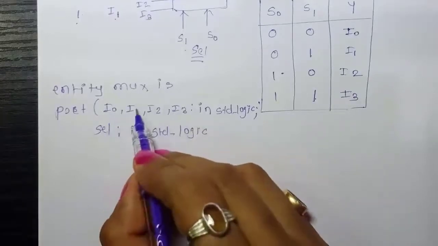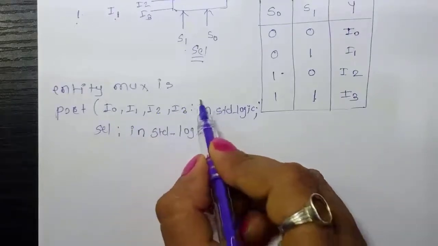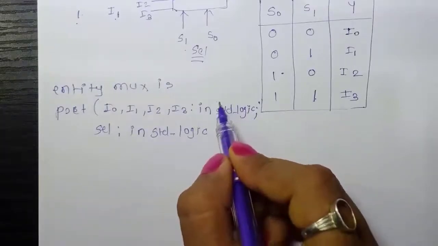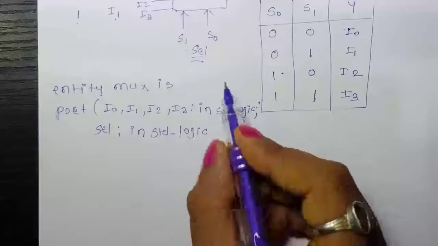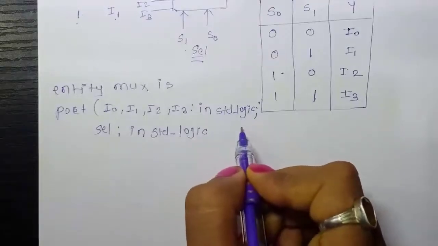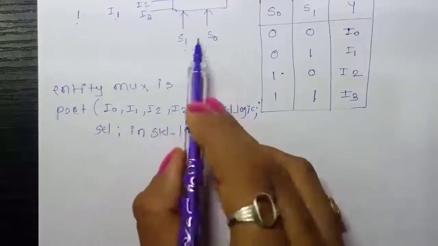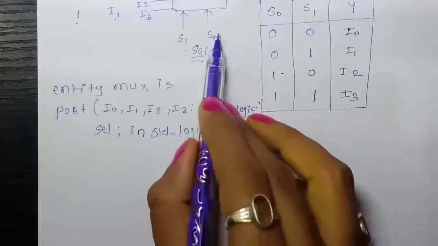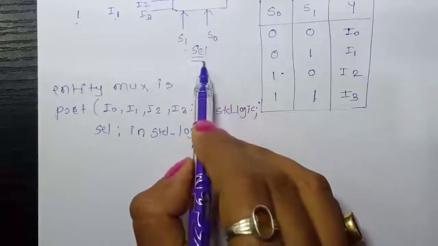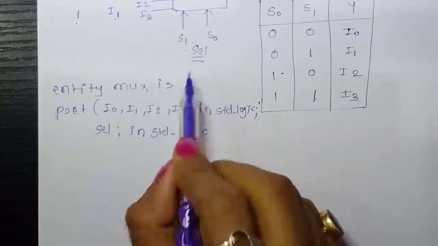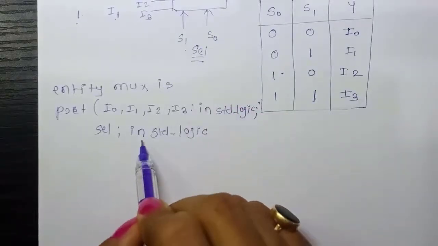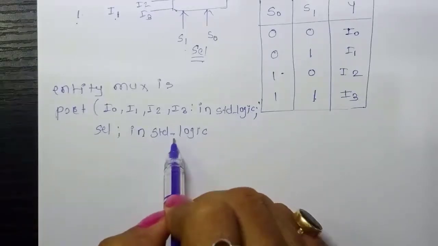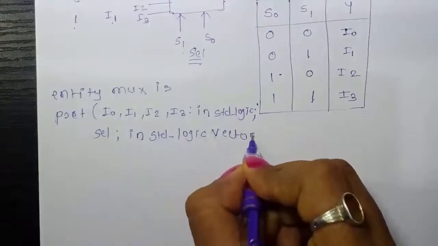I0, I1, I2 and I3 are input type ports, so colon in, data type is standard logic. In the previous example we have seen data type bit. You can also use the bit data type here. Then selection. There are 2 selection lines as input ports, S1 and S0. We name these 2 selection lines as a single variable, that is sel. So sel colon in, because it is an input type port, then standard logic vector.